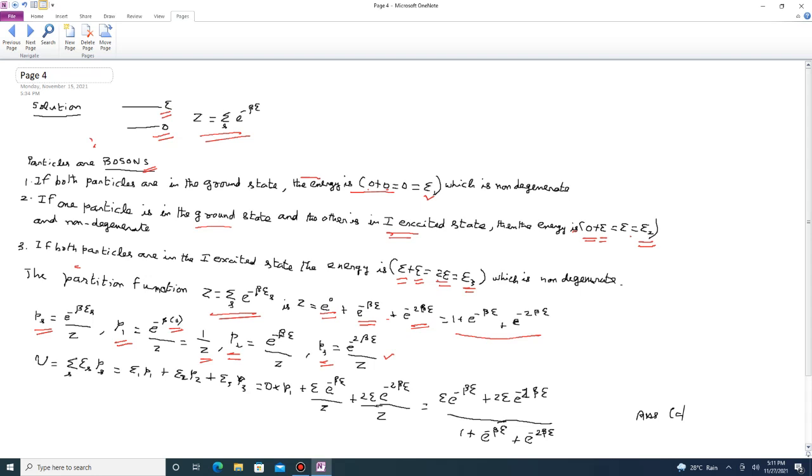Then the average energy can be evaluated using the expression summation over s of E_s P_s, that is E1 P1 plus E2 P2 plus E3 P3.